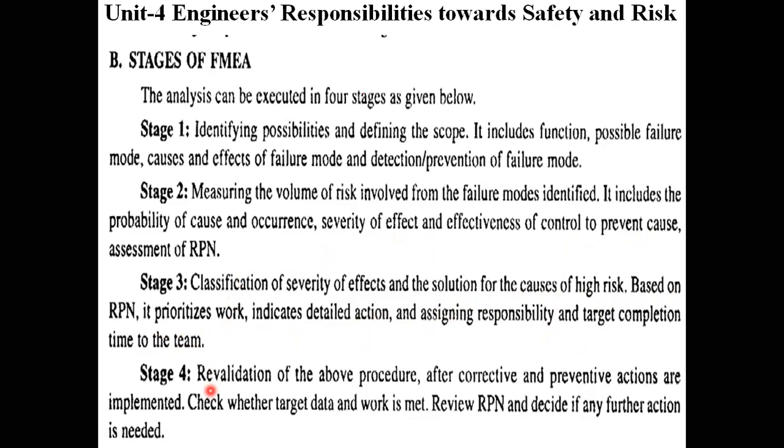Check whether target date and work is met. Review RPN, risk priority number, and decide if any further action is needed or not. Like that, we are going to analyze by using these four stages of actions. We can analyze risk stages here. Okay, we will see this analysis part with respect to some case studies here.